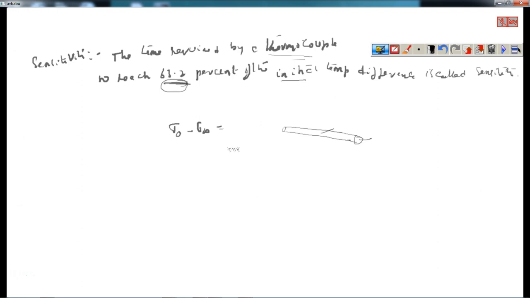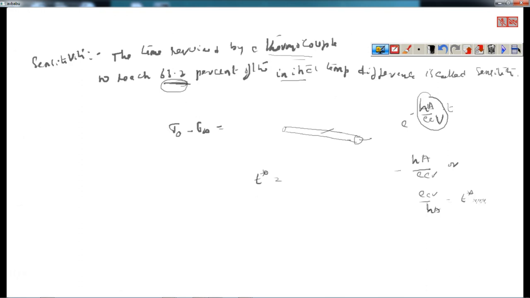Okay, normally the response time we take is, as I said, T star. What I mentioned here is e to the power of minus HA by rho CV into T. In that, I have treated rho CV by HA as T star.